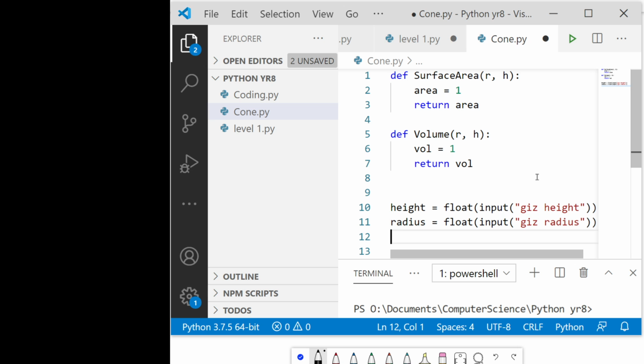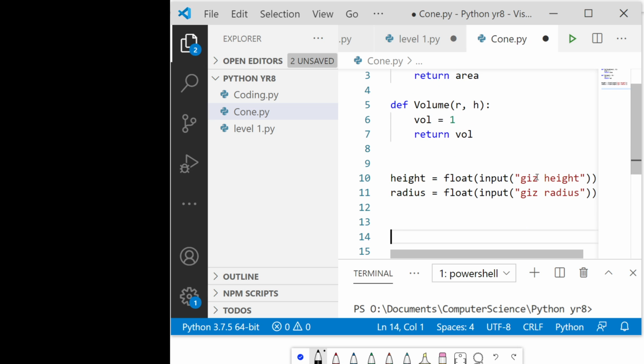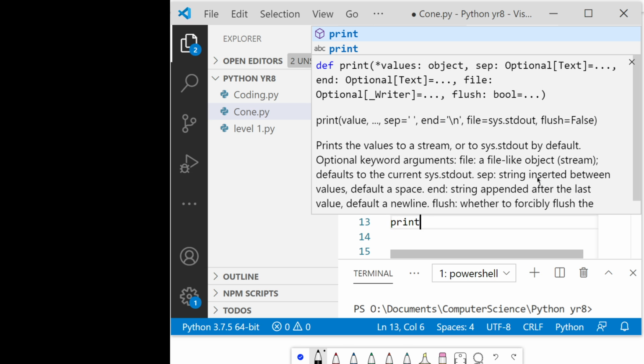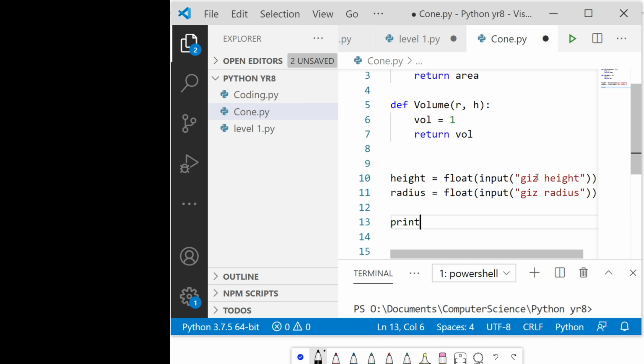Now what I can then do is format my output. So I can say print, and I haven't got any code yet, but I can say print surface area is, and then I can use that concatenation that we talked about last time, where we join text and things together.